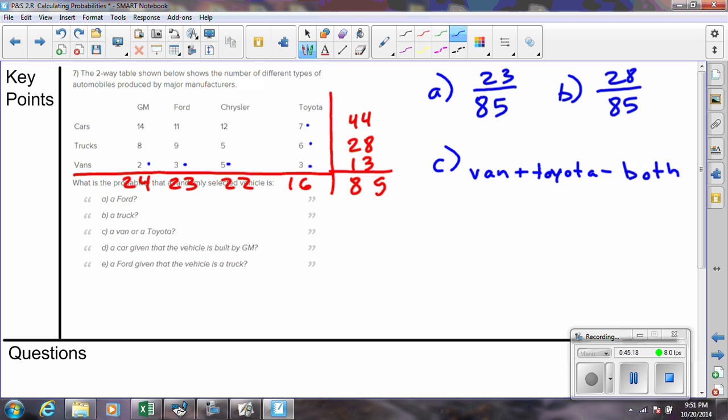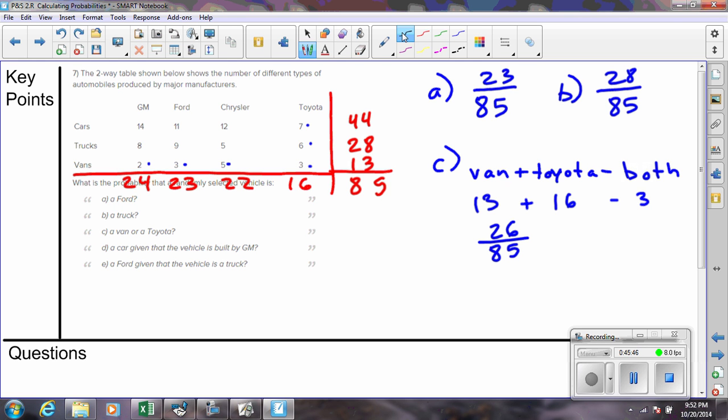So how many vans are there? 13. How many Toyotas are there? 16. How many are both? 3. Well, just crunch your numbers. 13 plus 16 minus 3 would give us 26 successes out of a total of 85. And question C is done.